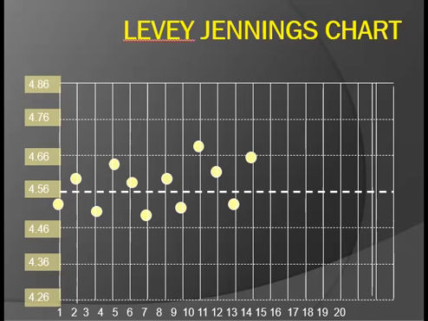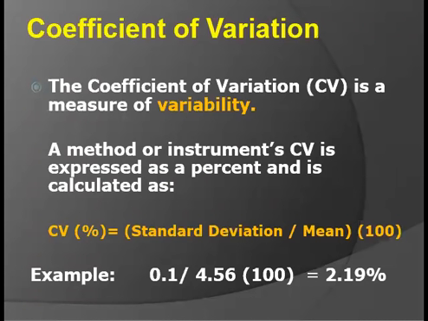Okay? So, aside from the mean, the standard deviation, and the solving of the limits, when talking about quality control, you also need to remember the concept of coefficient of variation, because this one is also very important in evaluating the methods that you do inside the laboratory.